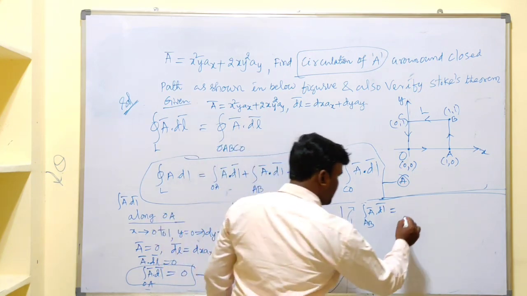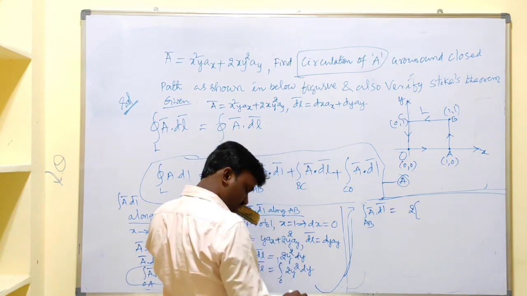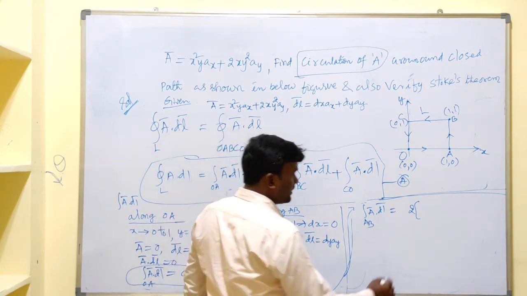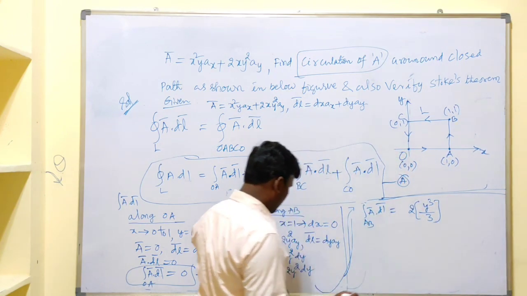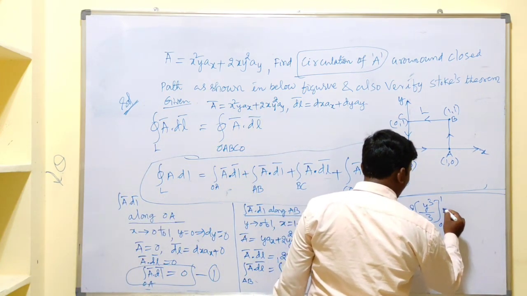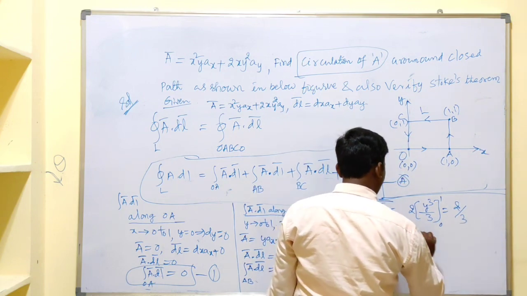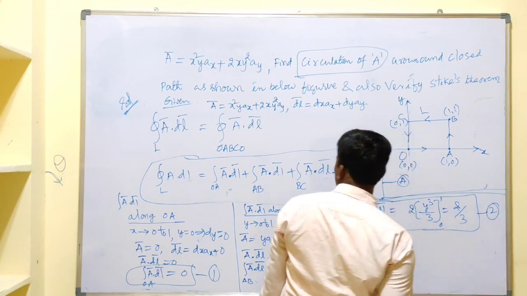It is not differentiation, sorry, it is integration. Integral of y square is y cube by 3, with limits from 0 to 1. Here you will get 2 by 3. Let us say it is equation number 2.